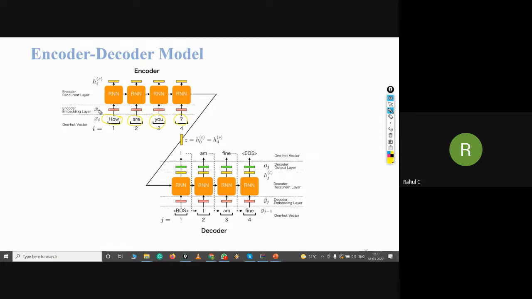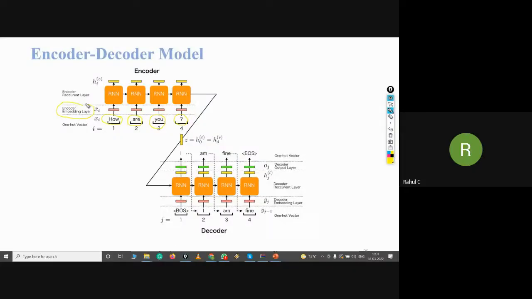Now you have the input word "how" in the first recurrent neural network, and then the next word, and the next word. But as I already told you, this is not directly input to the recurrent neural network. Before that, you have to convert each word to a vector. That's why you have an encoder embedding layer.